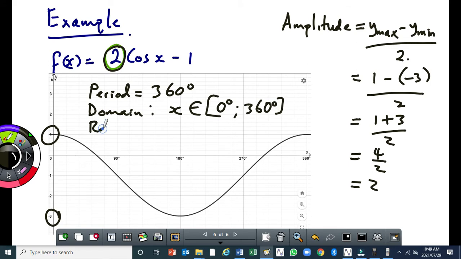And then the range: the maximum is 1, the minimum is -3. So we say y lies between -3 and +1. Then you are done. The period is 360 degrees.